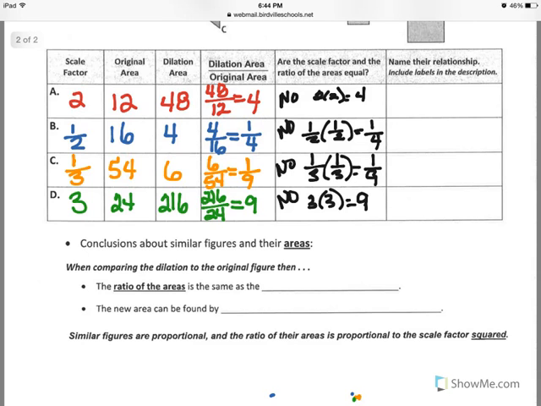And I'm going to put that in a green color so it'll be easy to see. So the scale factor squared.